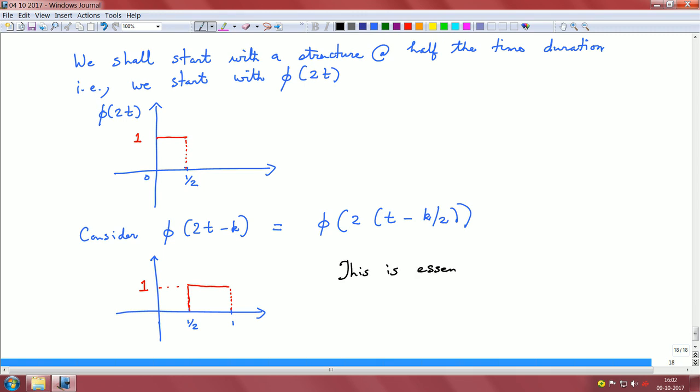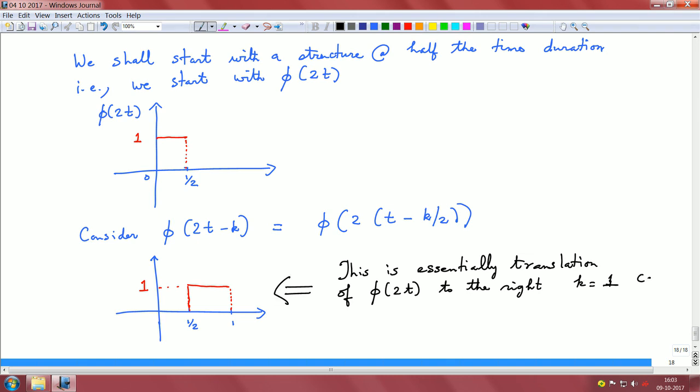This is essentially the translation of phi of 2t to the right, for the k equals 1 case. Now we get this picture.